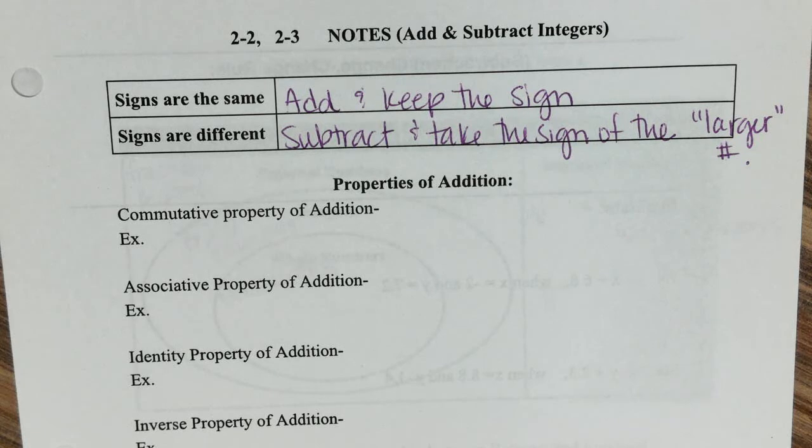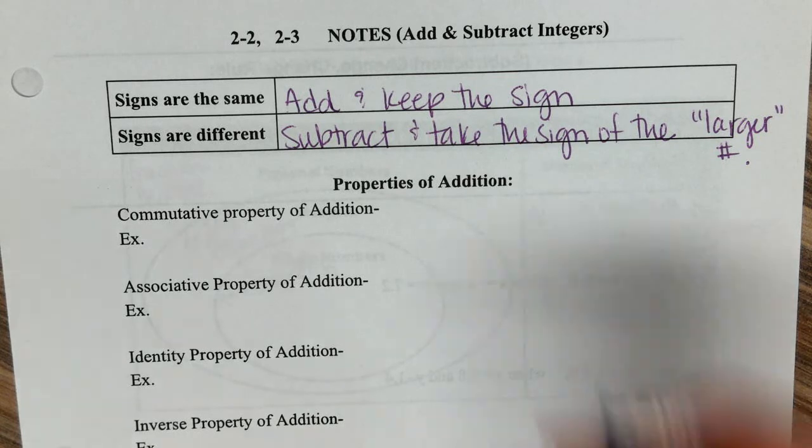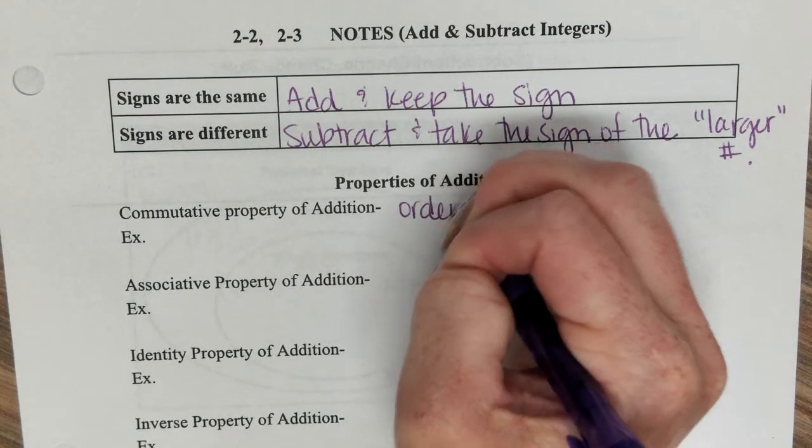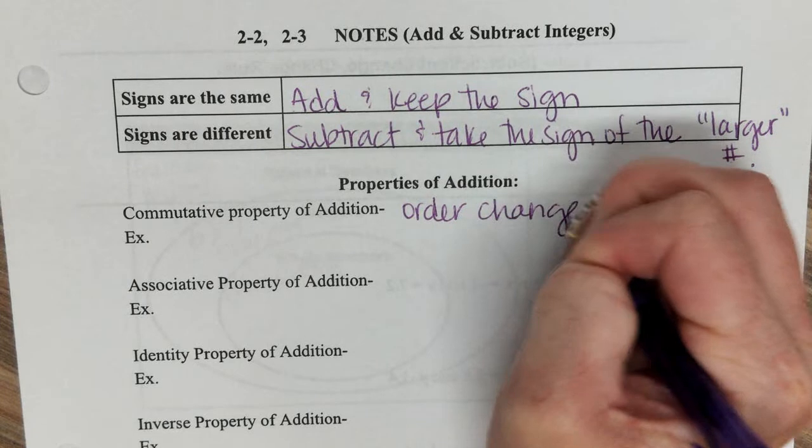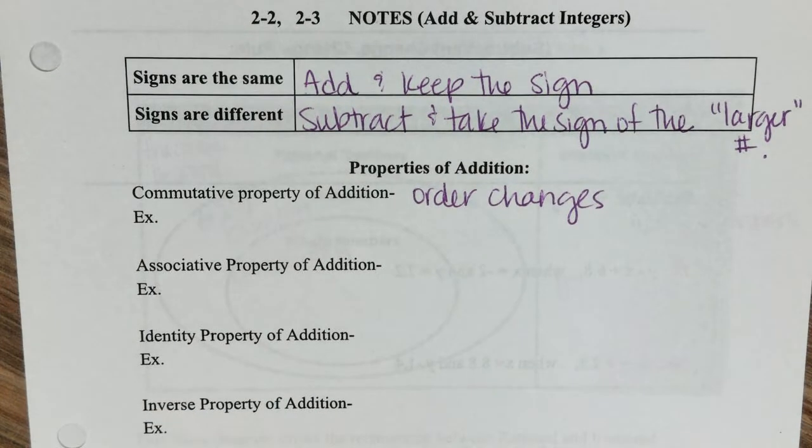All right, we're going to go over some basic properties of addition. This only works for addition. The commutative property of addition is when the order changes, but your answer doesn't. I'm going to say it again. The commutative property of addition. Because you're adding, it's basically saying it doesn't matter what order it's in. You will get the same answer.